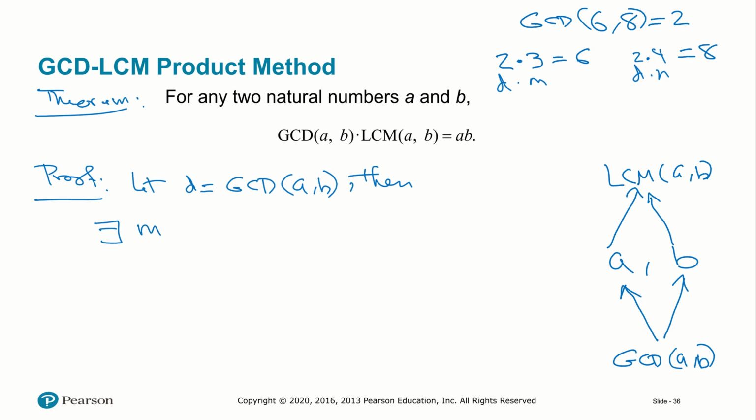So there exist M and N belonging to the set of whole numbers, such that, remember, the way you read that symbol is "such that", A, which is being played by 6 here, is equal to D times M, and B, which is being played by 8 in our example, is going to be D times N.